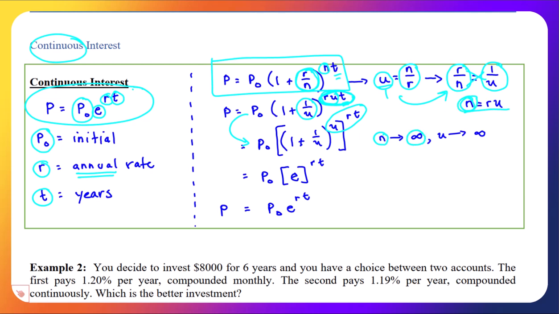Well, if N is infinity, U is also going to be infinity because R is the interest rate. So then the U becomes infinity, and there's our definition of E, where the U goes to infinity. So this portion inside the double brackets is E, and the RT is on the outside, and there's our formula.